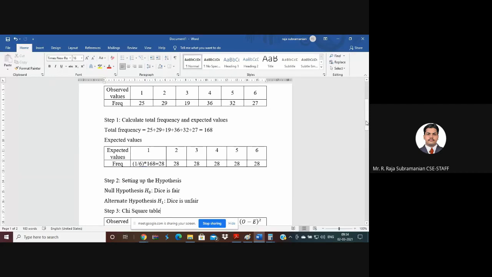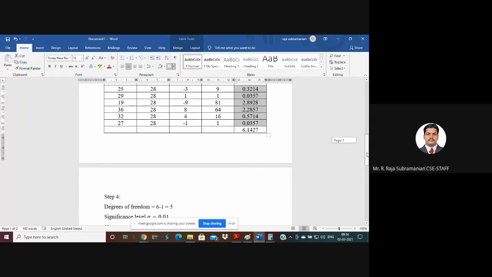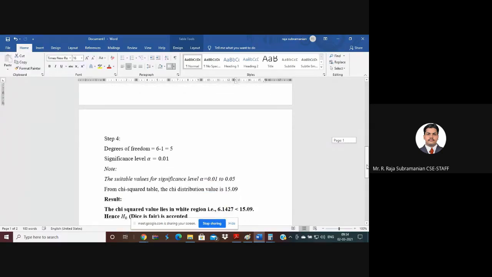I calculate the difference between observed and expected, square the difference, and then use the formula, the summation of observed minus expected the whole squared divided by expected. When I add all this, I get a value of 6.1427, with respect to each individual value. Now I have to calculate whether this 6.1427 deviation is accepted or not.